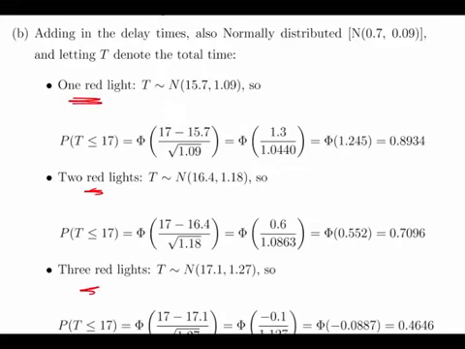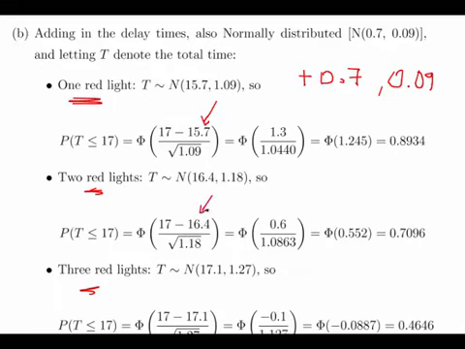And in each of the cases, what we're doing is adding 0.7 to the mean from before for each red light, and 0.09 to the variance for each red light. So here, the mean gets increased by 0.7 for just the one red light.